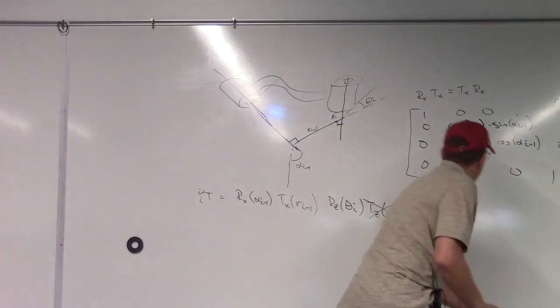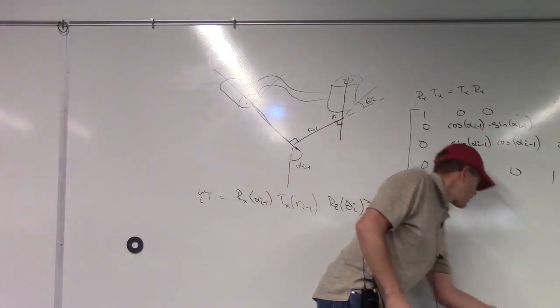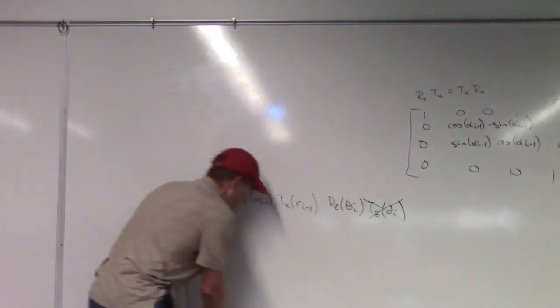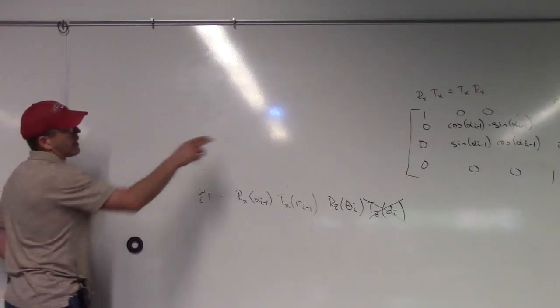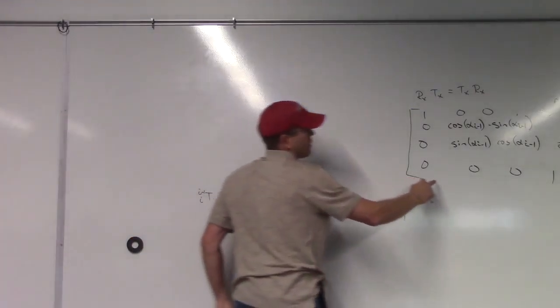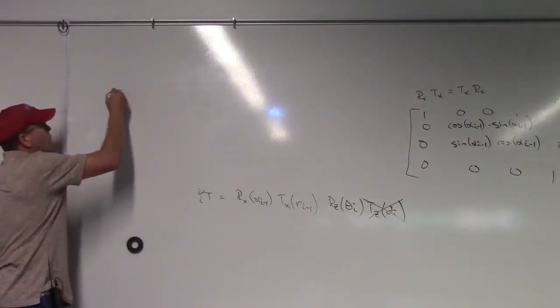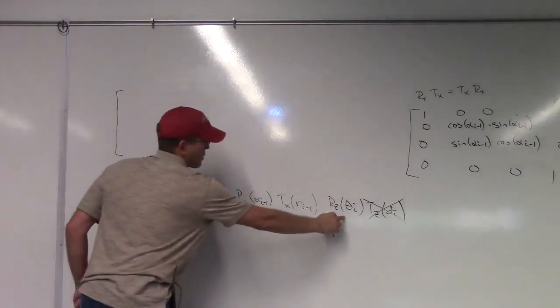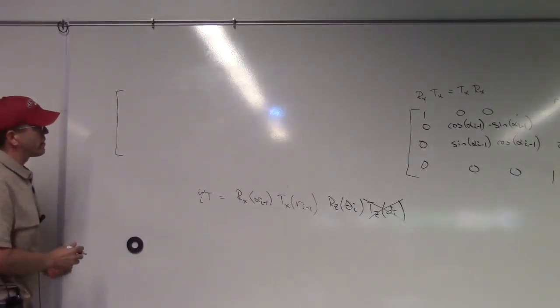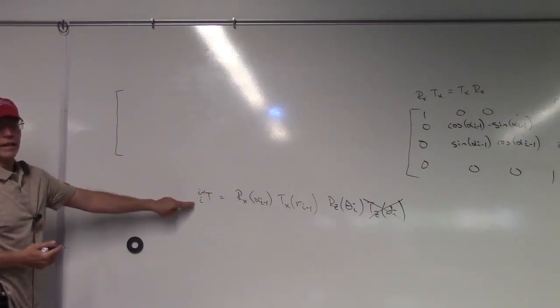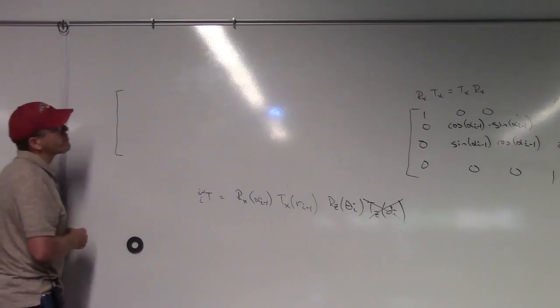So with this then, I'm going to have to erase and start over on the other side of the board. If we hit our physical characteristic matrix, as we might call it, by our rotation matrix about z, we can come up with a general description of the transformation for any joint from the i minus 1 link to the subsequent link. We could say this is the k to the k plus 1 link if we want.